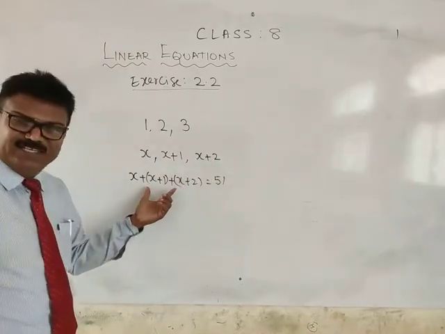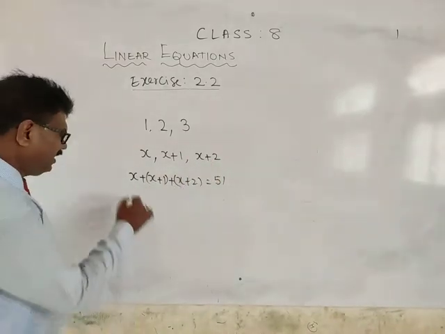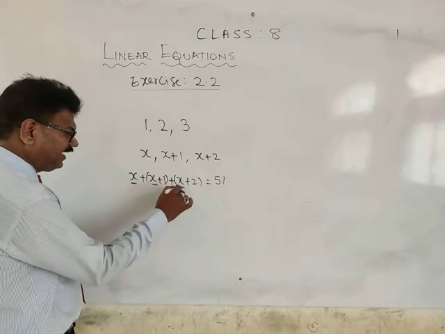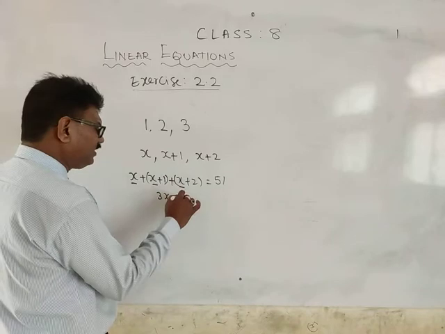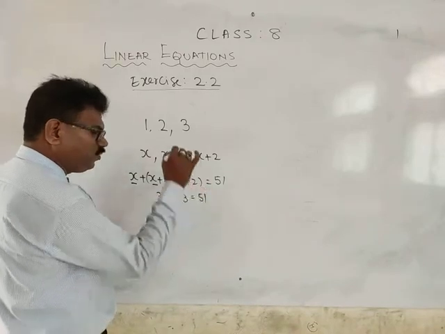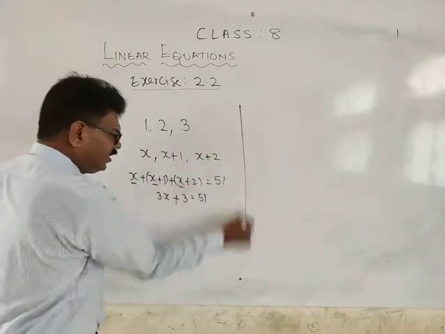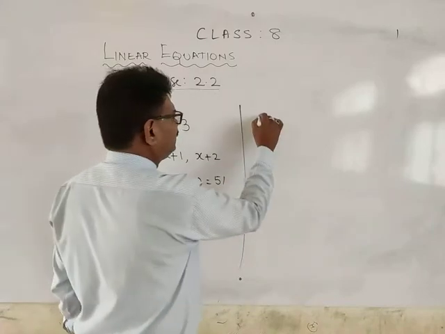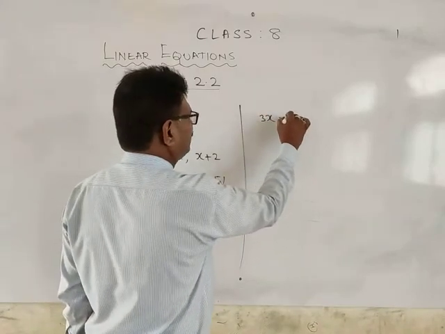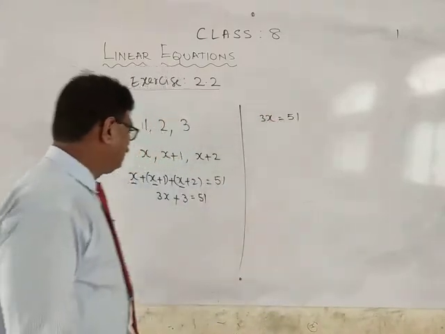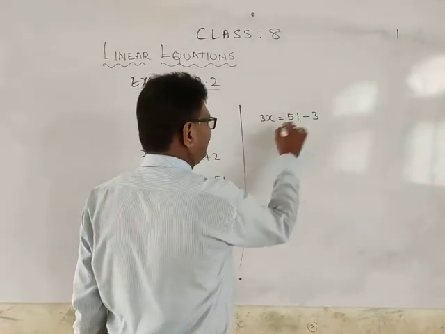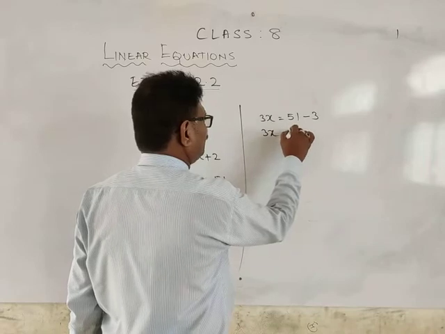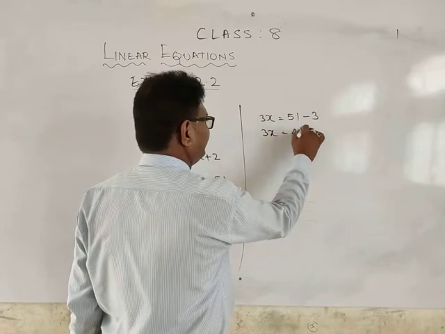Add up to means it is nothing but sum only. Now you see x plus x plus x, how much is it? 3x, plus 1 plus 2, 3, equal to 51. Now 3x is equal to 51. Plus 3, if it goes to the right side, it will become minus 3. 3x equals 51 minus 3, 48.